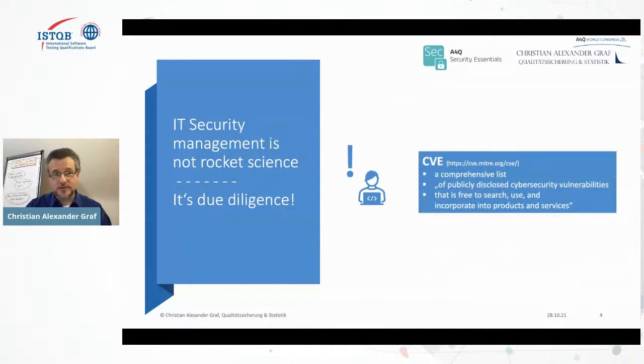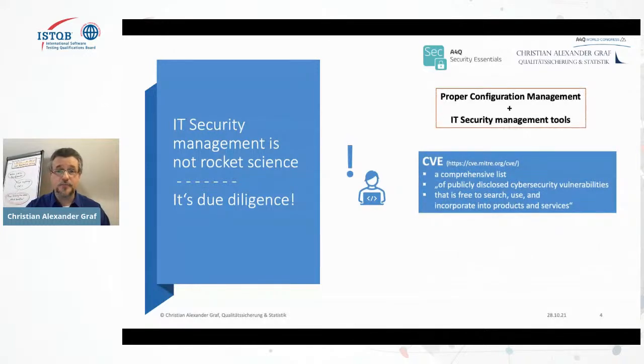First thing to make your systems secure you need is a proper configuration management, so that you have really proper lists, that you know where in your systems are which services, which programs, and so on installed in which version.